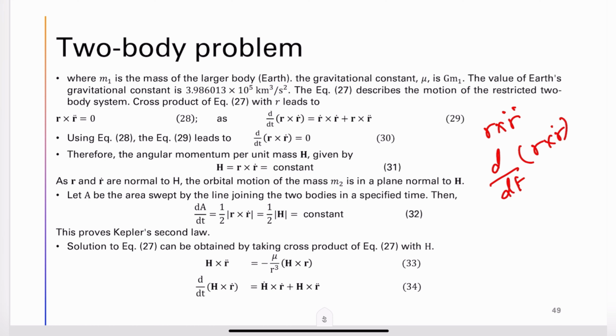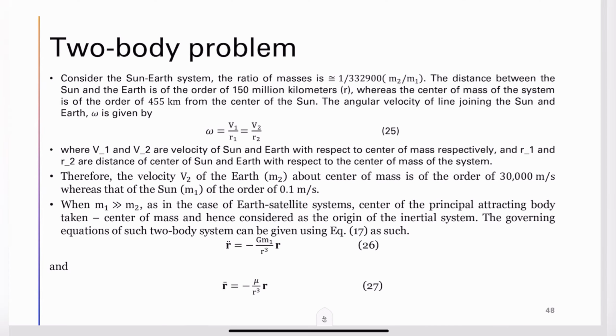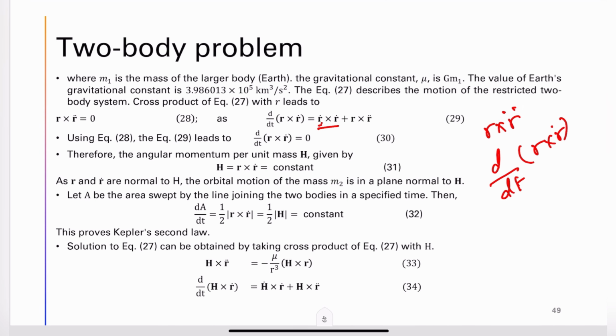When I distribute this, I can write this as r dot cross r dot plus r cross r double dot. Okay, this eventually leads to 0 using equation 28.